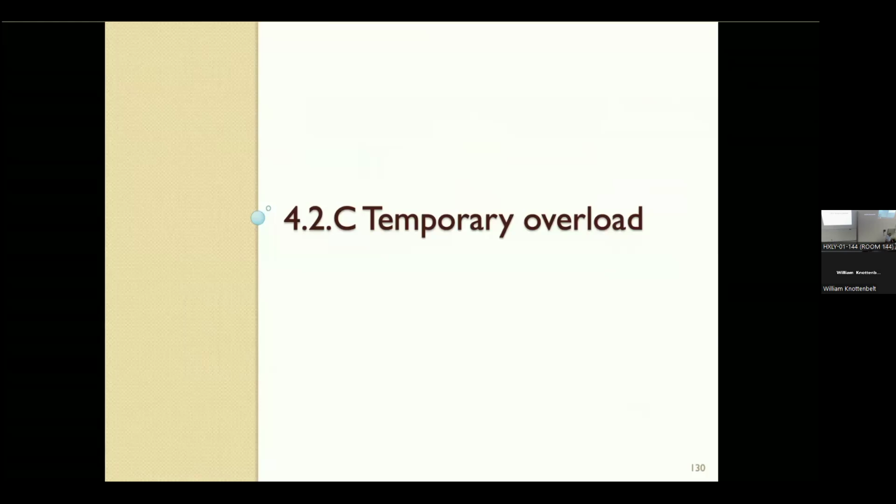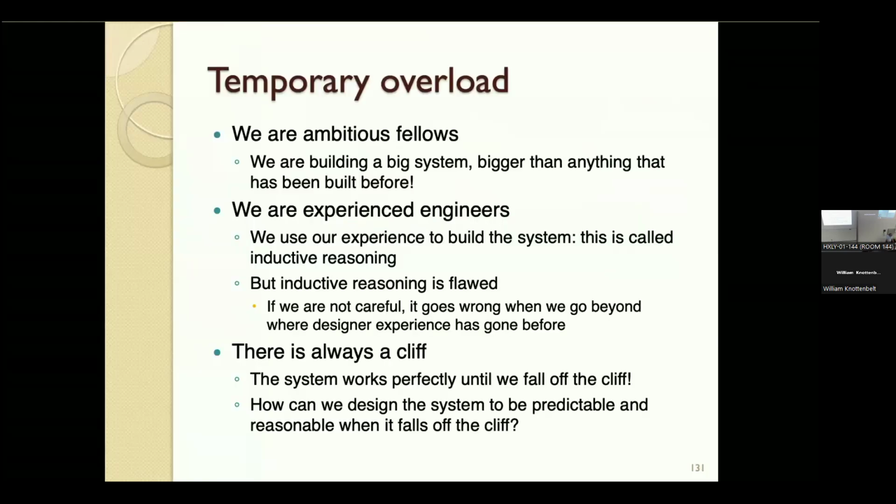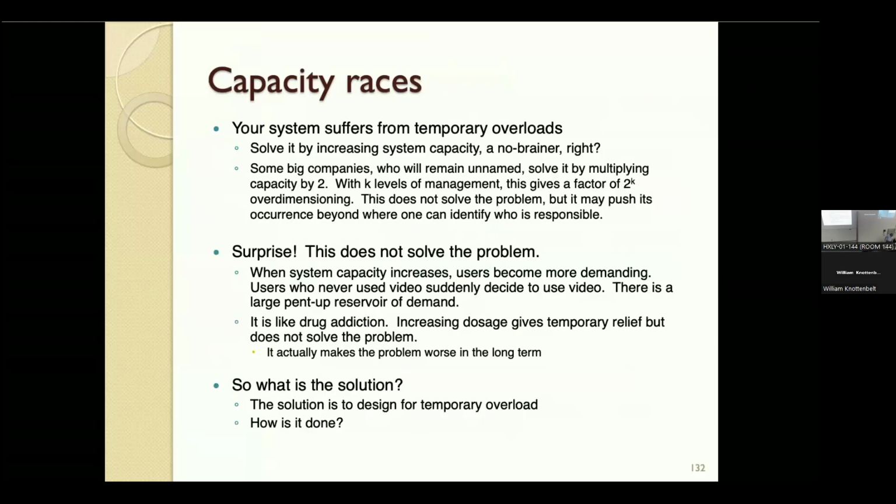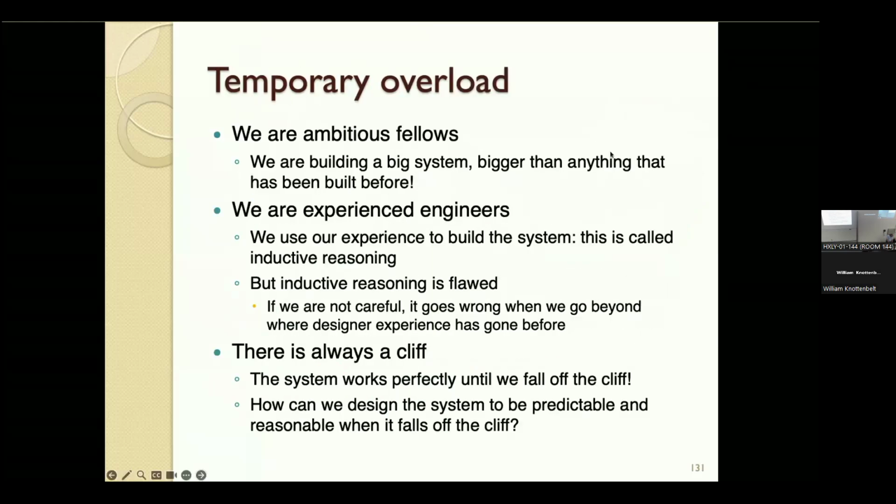Now let's tell the story of temporary overload. We want to build a big system, bigger than what anyone has built before. We're experienced, and we use our experience. That's called inductive reasoning, but inductive reasoning is kind of a flawed way. We have to be very careful, because if we do things that have not been done before, new phenomena appear.